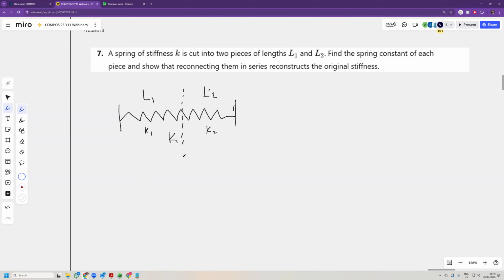Well, first of all, why would the spring constant change? Wouldn't you just have two springs with the same spring constant?